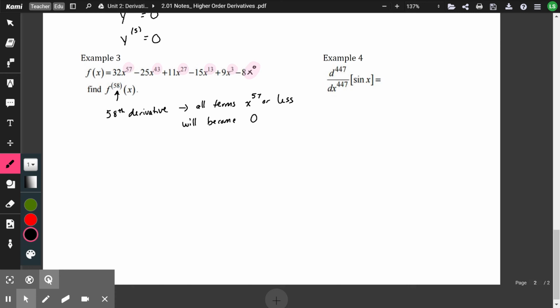But in this case, the highest exponent we have in f of x is a 57. So all of those terms will eventually reach a 0 as all these derivatives are being taken. So we can say that the 58th derivative of f with respect to x will be 0.